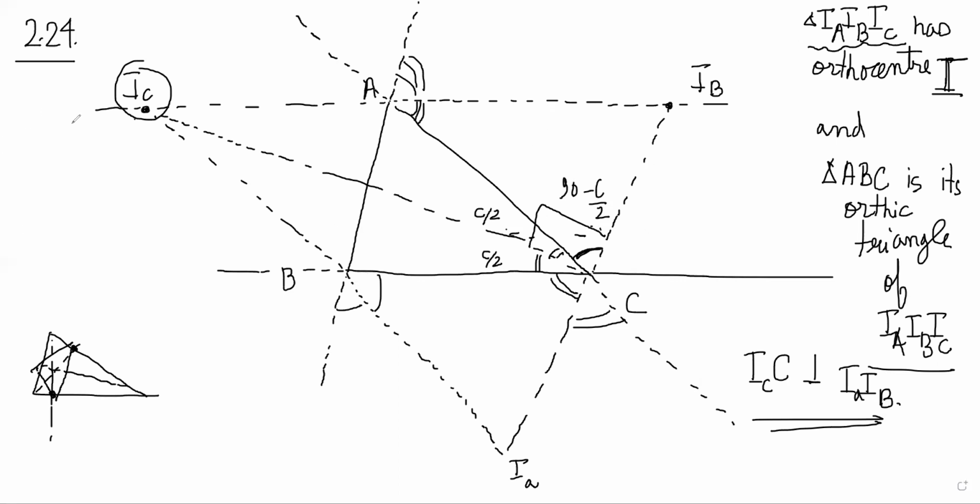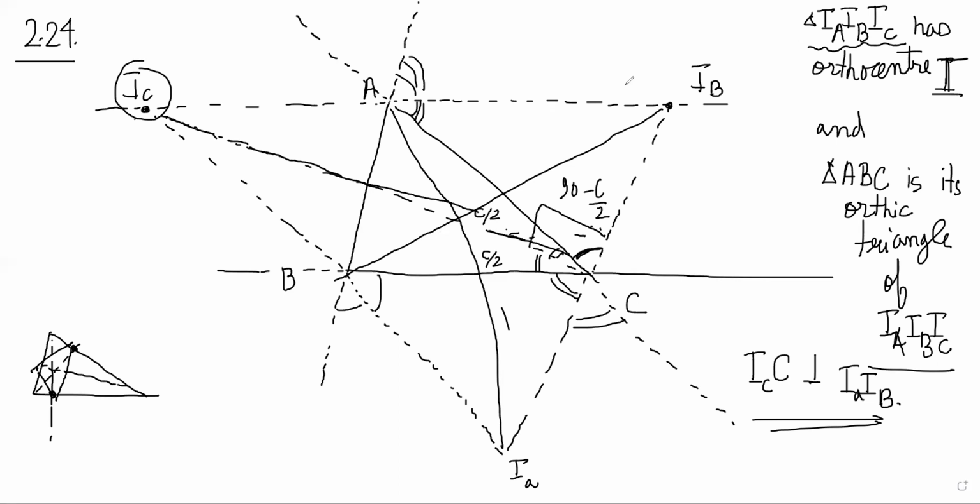So that means this is my altitude, right? Yeah. Another altitude would be IBB and another altitude will be IAA, right? This doesn't look right because my figure is obviously wrong, as I've hand drawn it. But IAA has to be perpendicular to IBIC, right?